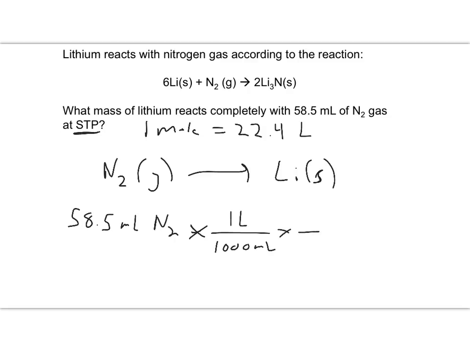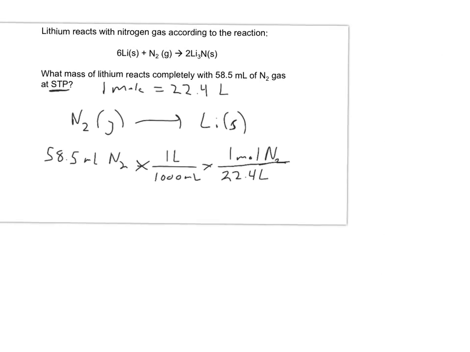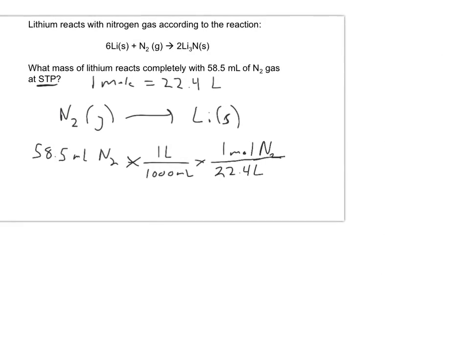Now we can use the conversion, 22.4 liters in 1 mole of nitrogen gas in this instance. That's our ideal gas. So we're at moles of nitrogen, the chemical that we're going to convert to is lithium.